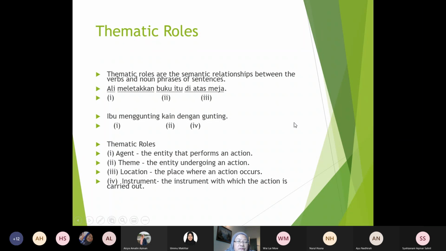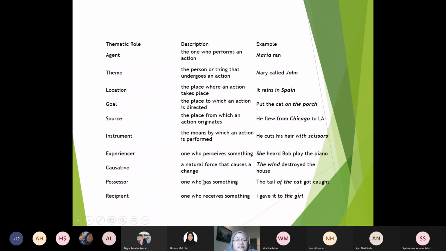So we saw last time that noun phrases only are having semantic argument. So these are the arguments that we can have for a noun phrase. So agent, theme, location, goal. Goal is the place to which an action is directed.